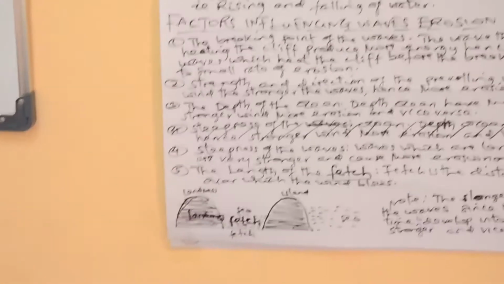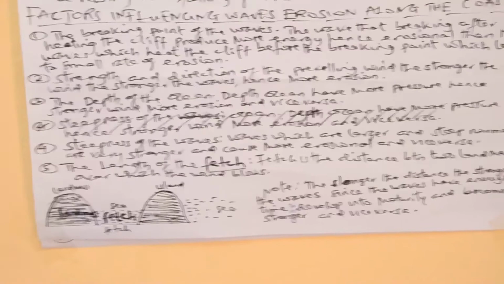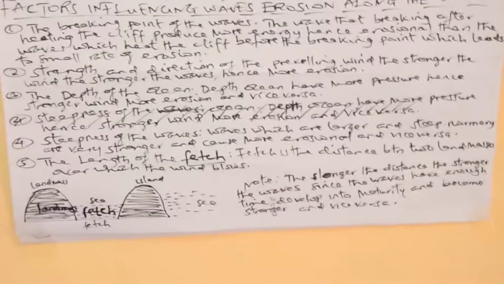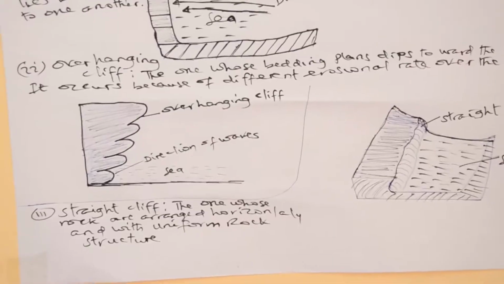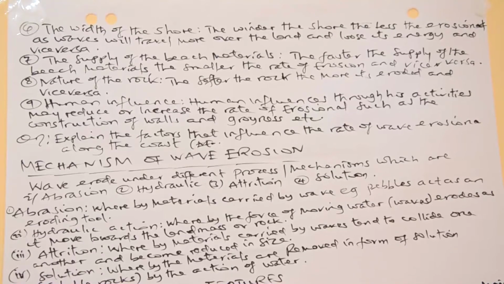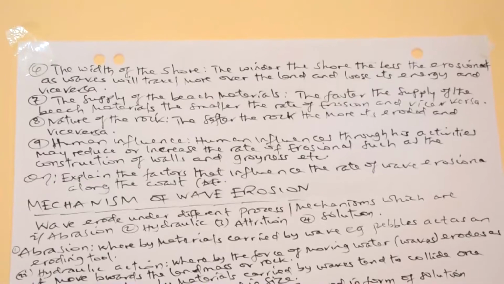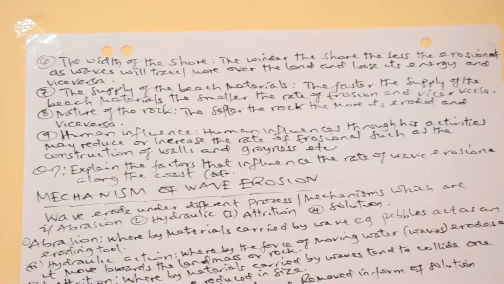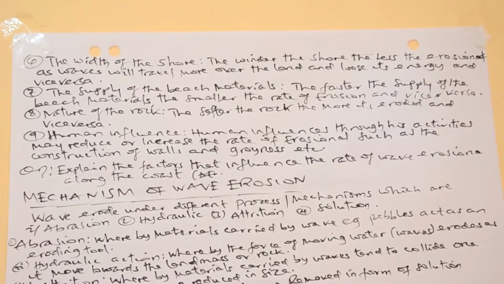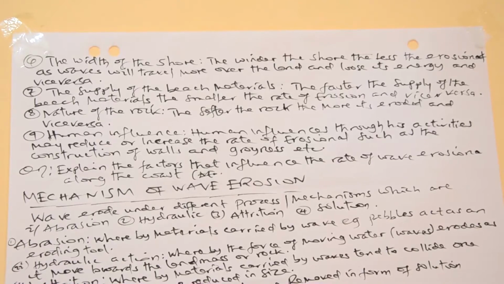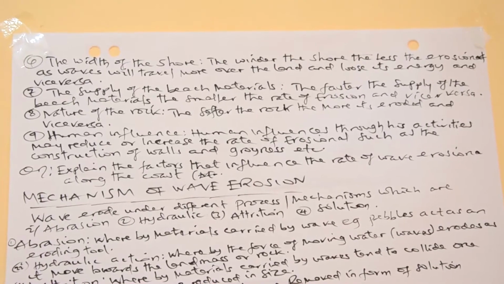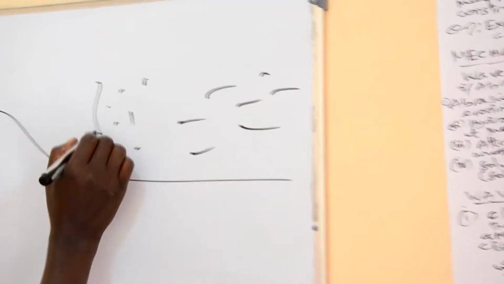Another factor influencing wave erosion is the width of the shore. The wider the shore, the less the erosion, and the wave will travel more over the land and lose its energy, and vice versa. Here we are looking at the width of the shore. Shore, this is the place where the water is dropping or hitting the coast.